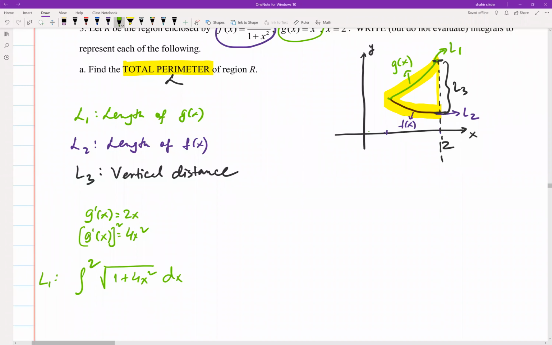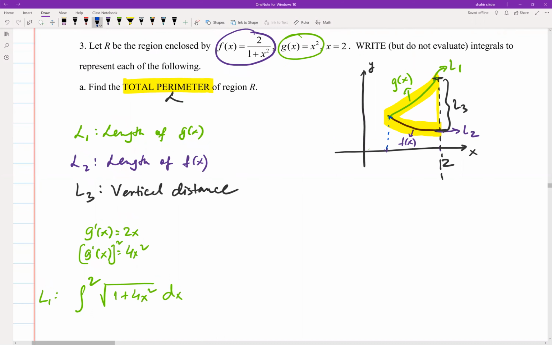In order to find the lower bound, think about how to get the value where g of x and f of x both meet. From an algebra point of view, that's known as an intersection point. If you set these two equations equal to each other, you're going to get the value 1, or you can see what value satisfies both equations, and 1 would be that value. So that's why it's 1 through 2.